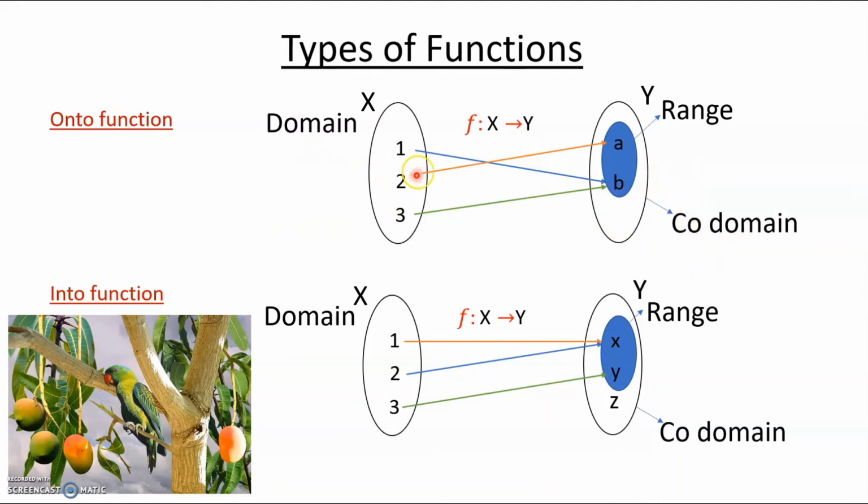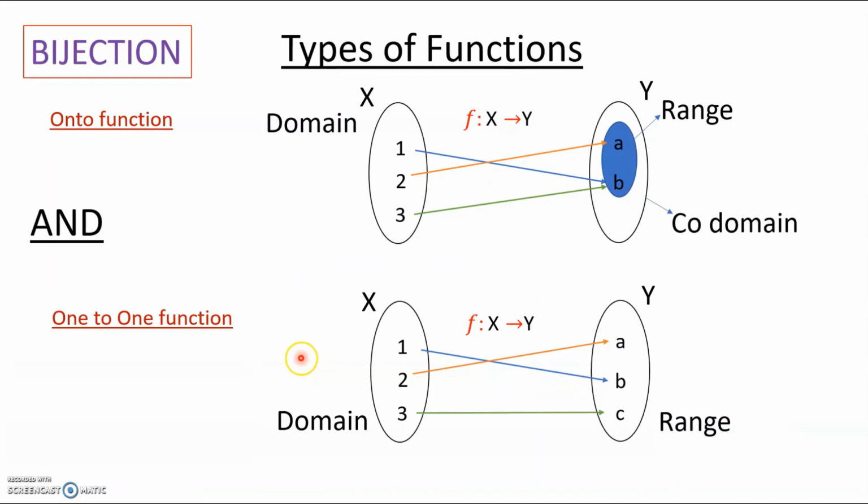In an onto function, 1, 2, 3, which is X, will map to the range a, b here in the set Y, and there are no other elements left out in this codomain except what is in the range. The range and the codomain are equal. All right. So that's an onto function, and this is an into function.